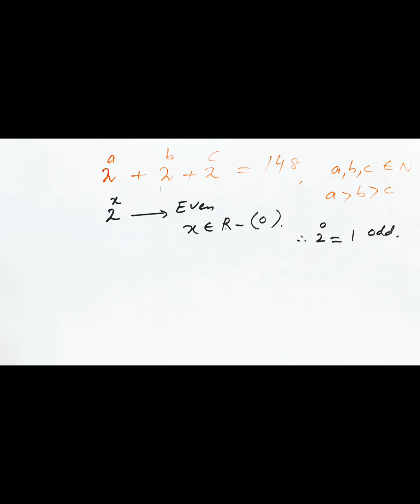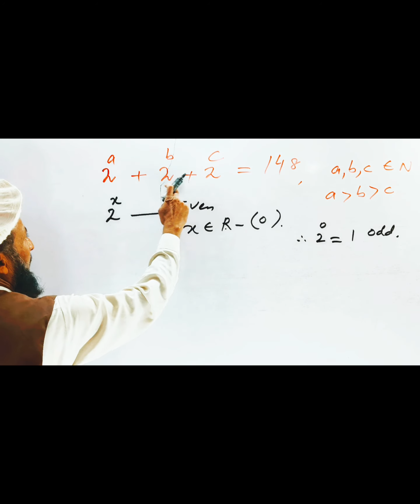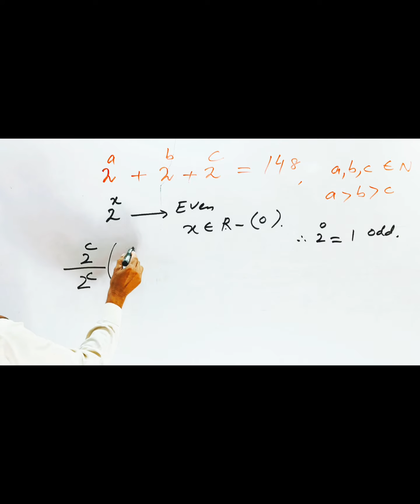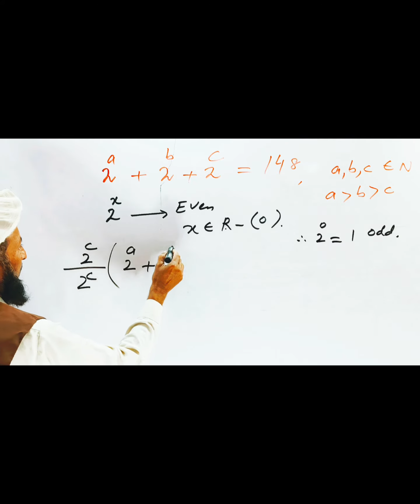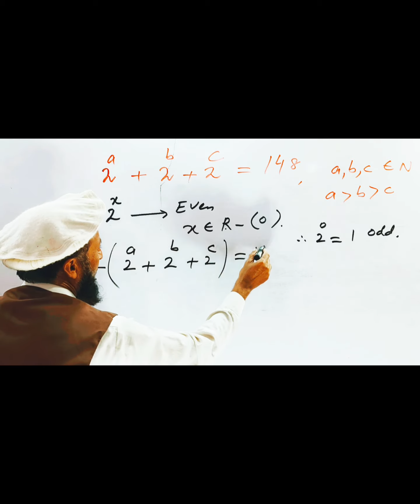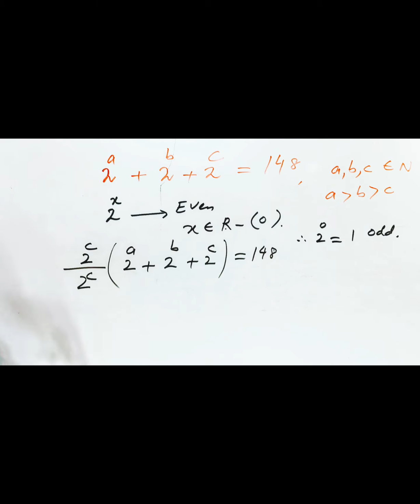Now we divide this equation on the left side by 2 exponent of c. 2 exponent of a plus 2 exponent of b plus 2 exponent of c is equal to 148. Now we divide each term by this denominator.